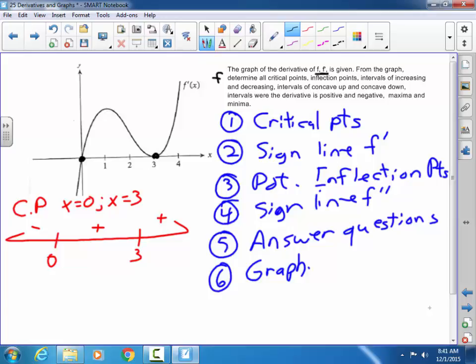So we're looking for where it crosses the x-axis, 0 and 3. 1 is where the derivative has a derivative of 0. So 1 is a possible inflection point.